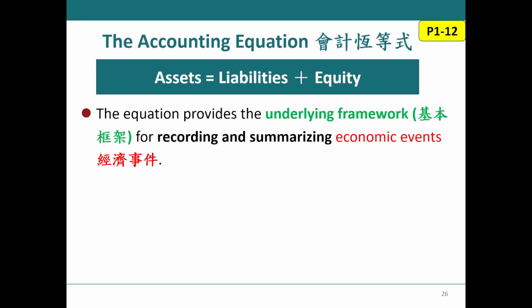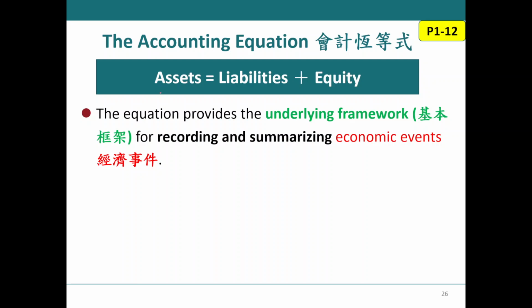So we need this basic accounting formula to help us do accounting jobs. Accounting jobs are what? We try to record economic events, remember, transactions.